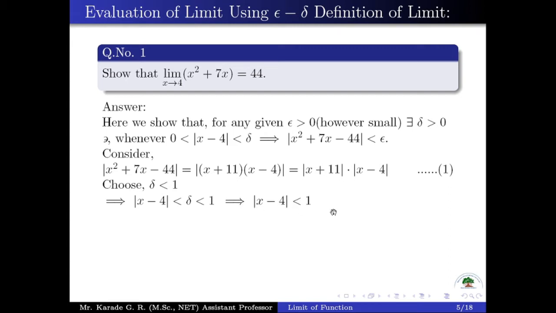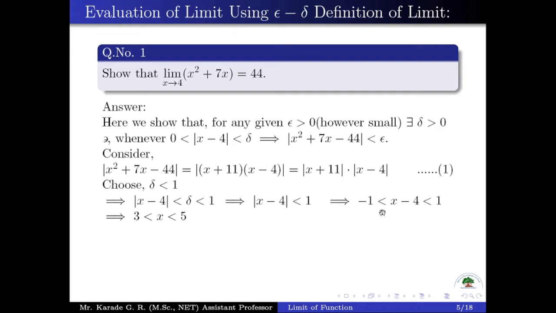So the value of this distance, mod of x minus 4, is less than 1, and by the property of modulus, x minus 4 will be greater than minus 1 and less than 1. Adding 4 to each term, the value of x is greater than 3 and less than 5.